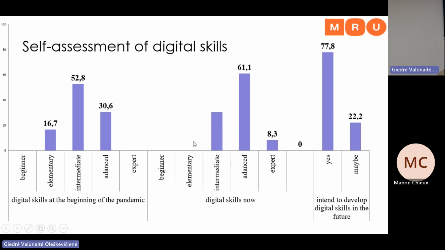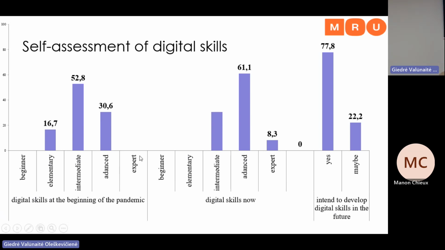Teachers grew more convinced in their capacity to use digital appliances. And from 30 to 61 rose the self-evaluation as advanced users of digital technologies.